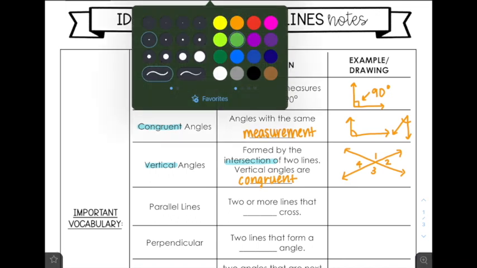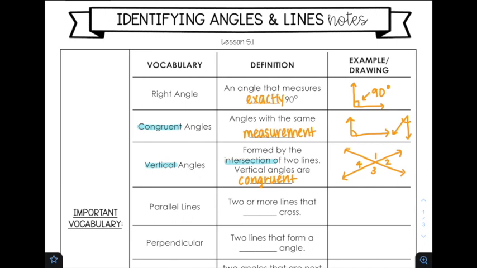One pair of congruent angles would be angle 1 and angle 3, and the second pair would be 4 and 2. Those would be congruent because they're equal, and they're across from each other.